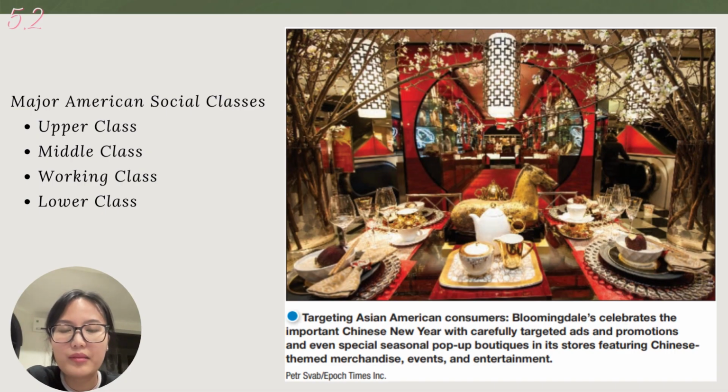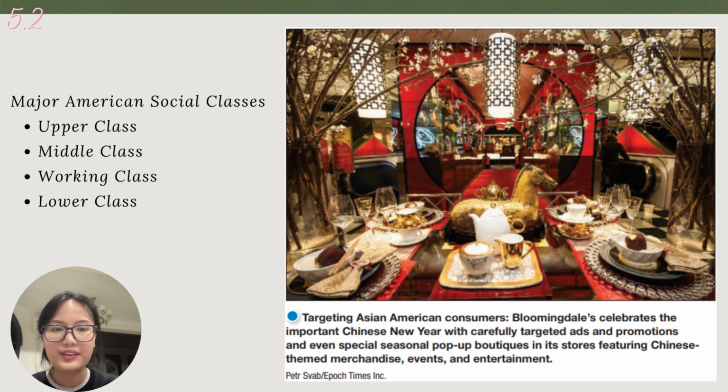About major American social classes, we have the upper class, the very high, and after that we have the middle and working classes, and the lower class is really the lowest class in our society. We also have an example here where our strategy targets Asian American consumers.